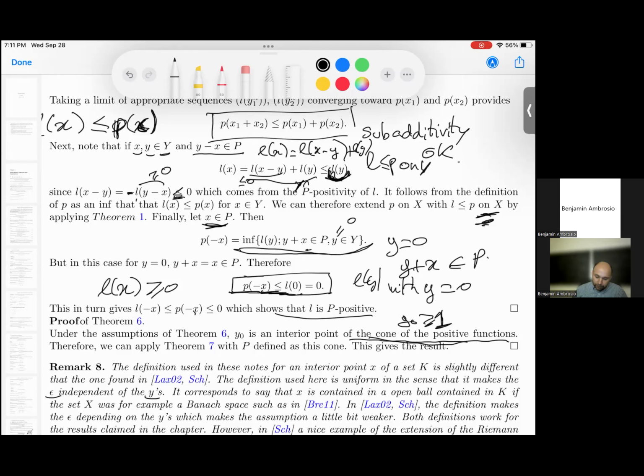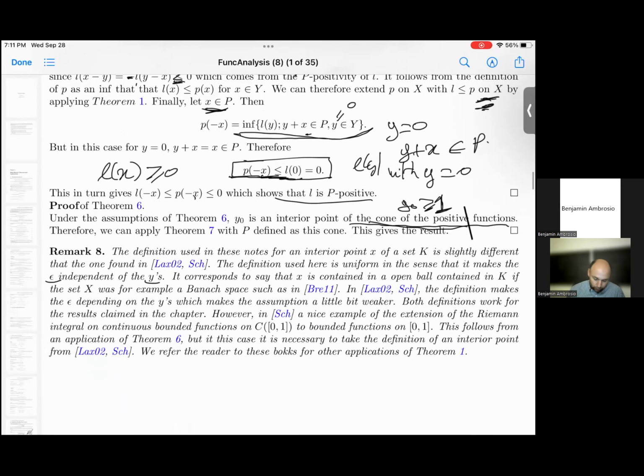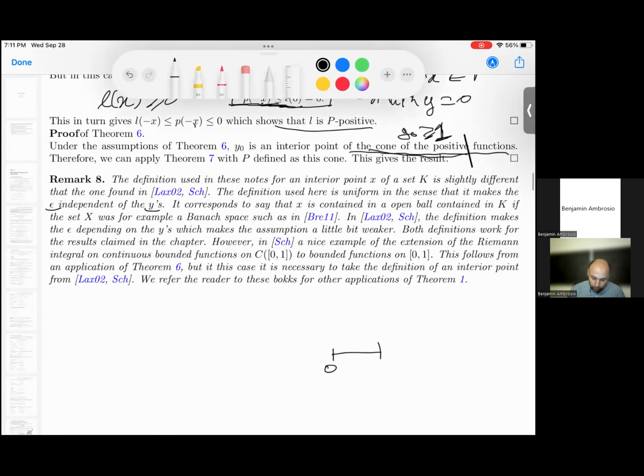The integral is a linear functional on, for example, the continuous functions defined on a bounded interval of R. So you choose 0, 1, and you consider the integral of f dx for f belonging to C of 0, 1.